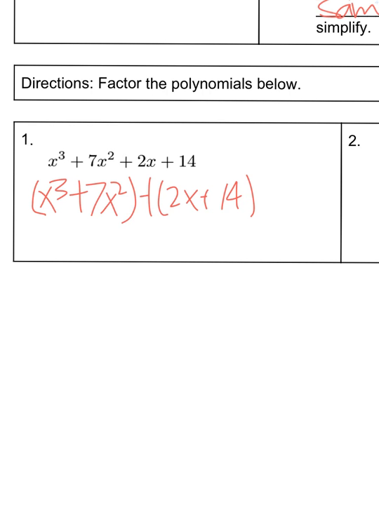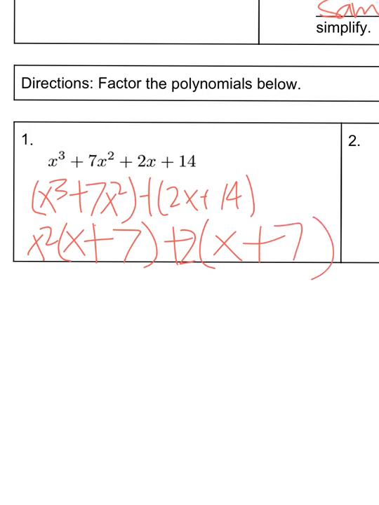Then we're going to try and find common factors between these two groups. From the first group, we can take x squared, and then we're left with x plus 7. And in the next one, we can take out 2, and we're left with x plus 7.